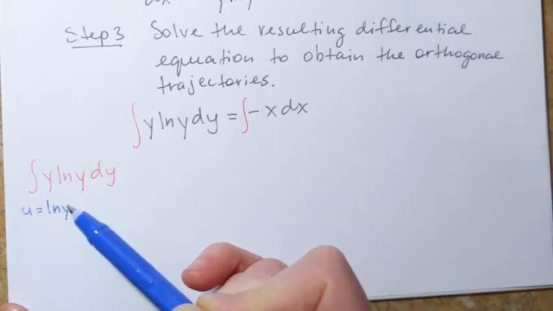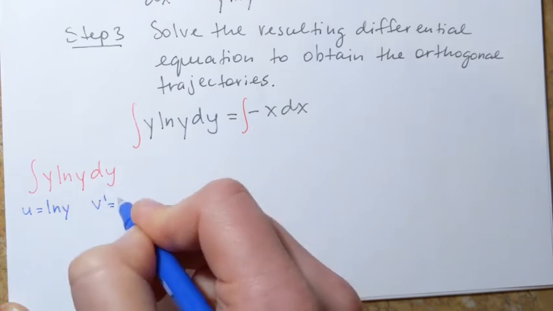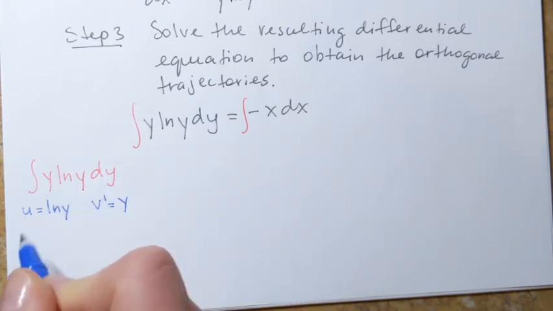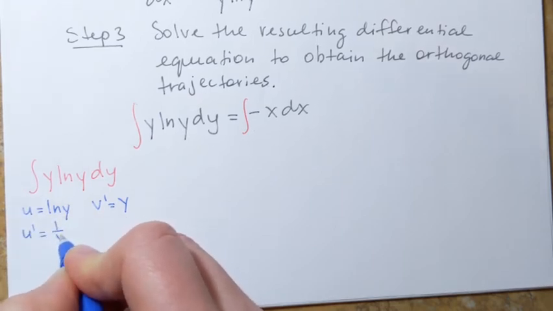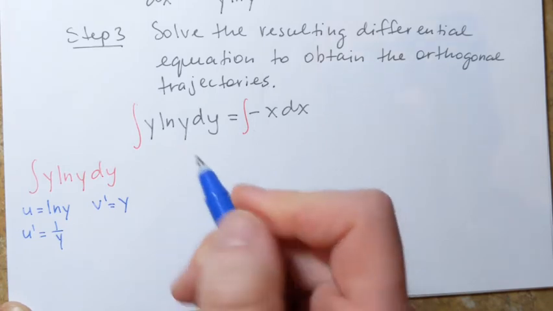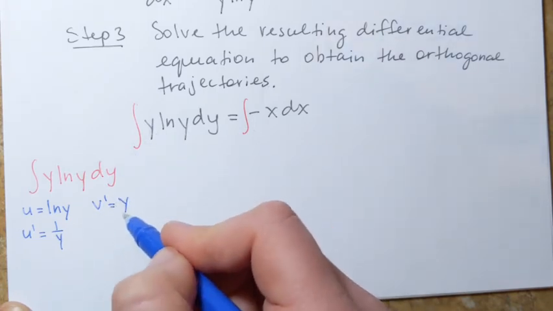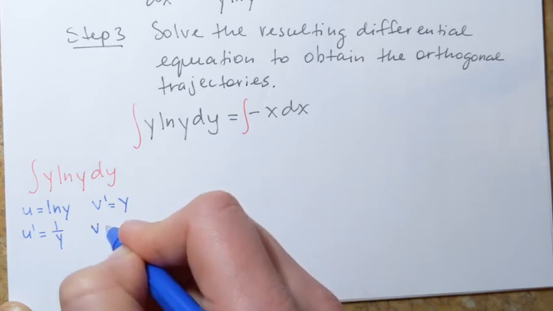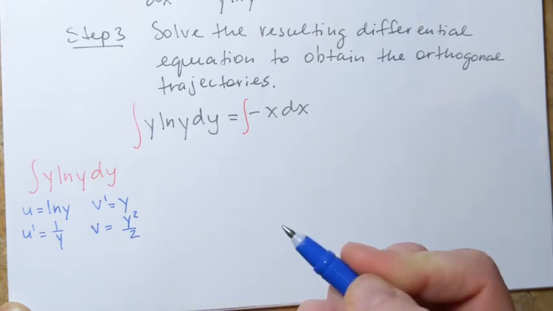So u has to be ln of y, and that means that v prime is y. Now the derivative u prime is 1 over y, right? And the antiderivative of y, which is v, is going to be y squared over 2.